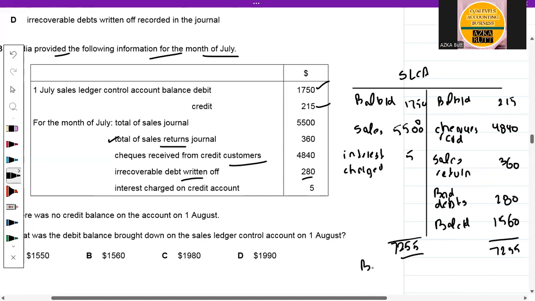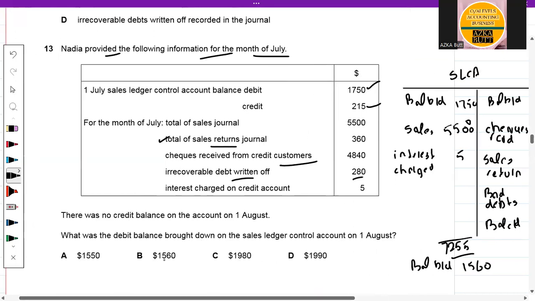So this will be transferred here as balance BD 1560. So they are asking us to find out the debit balance brought down on sales ledger control account on 1st August. So this is the transaction for July. So it means that the next month would be the August month. So this option is the right option.